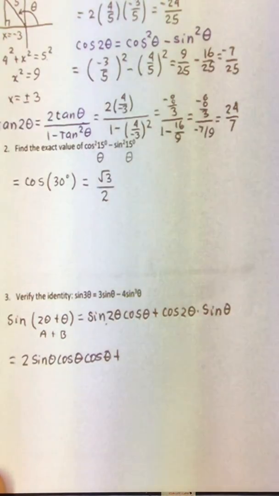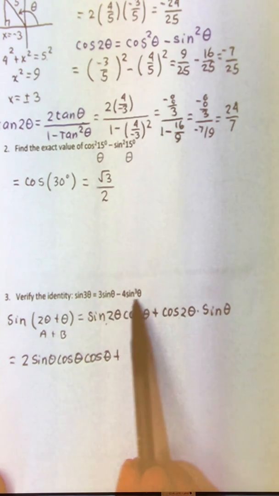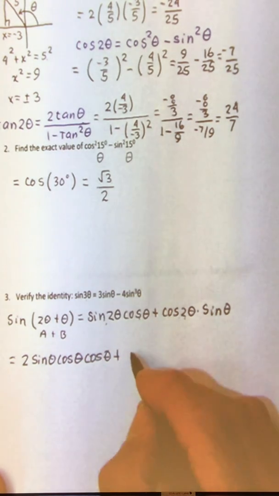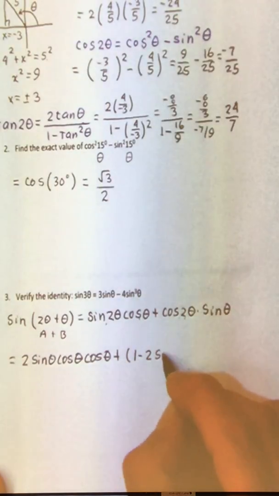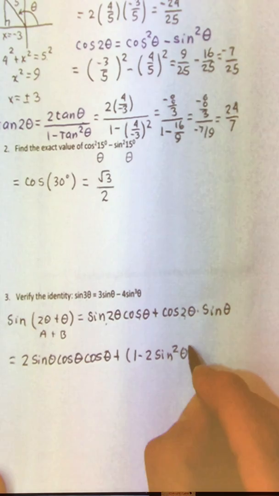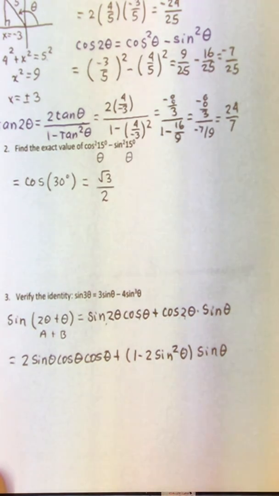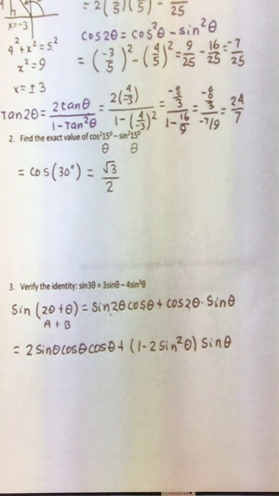There's 3 identities to use there, and this sometimes takes some trial and error to know which one. We are moving completely towards sine function only. So I'm going to use the double angle identity for cosine that involves only the sine, and that is 1 minus 2 sine squared theta. And that's why I'm choosing that particular identity. The other ones involve cosine, and only this one involves only sine.